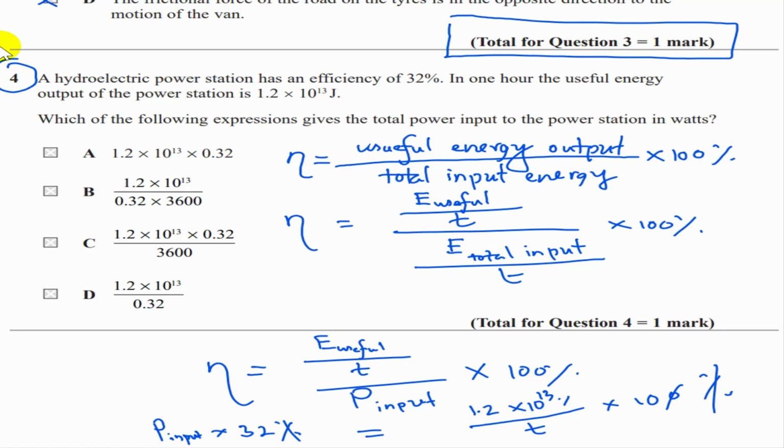We can cancel percent on both sides, so total input power equal to 1.2 10 to the power 13 into 100% divided by 32 into 3600. So correct answer is C. We can divide this 32 by 100.